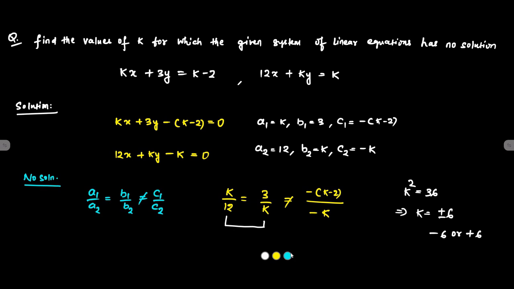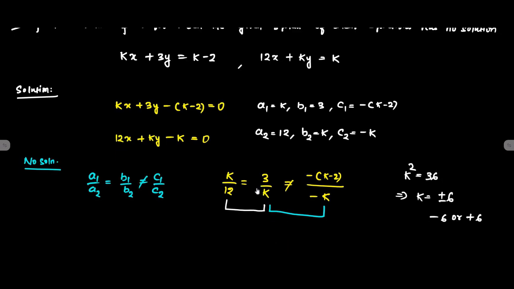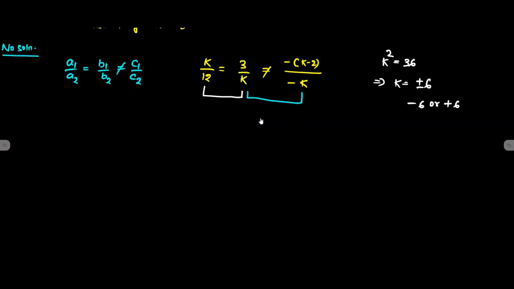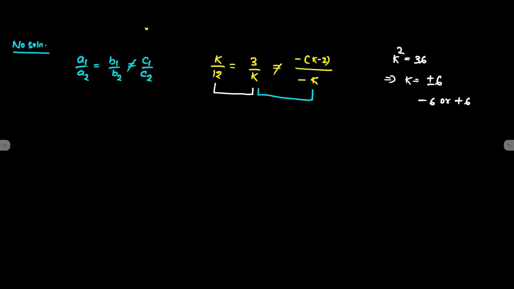So the second condition is that 3 by k should not be equal to minus k minus 2 by minus k. Minus minus will get cancelled, so it is k minus 2 by k.